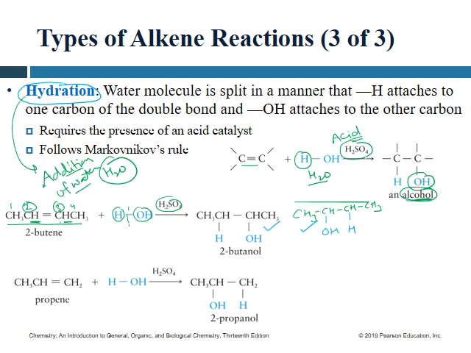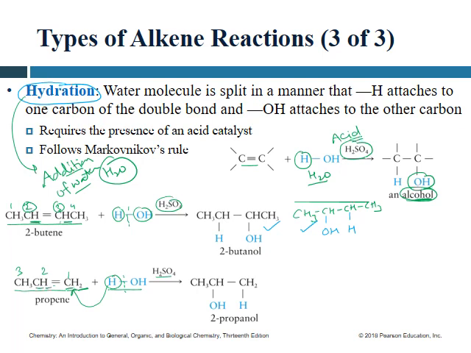So now let's talk about propene, one of the alkenes, and when we add water across it in the presence of an acid, what's going to happen? Now this is 1, 2, 3. So carbon number 1 and carbon number 2 have a double bond. Now you have to put hydrogen on which carbon, 1 or 2? So you have to put a hydrogen on carbon number 1, because that has more hydrogen compared to carbon number 2.